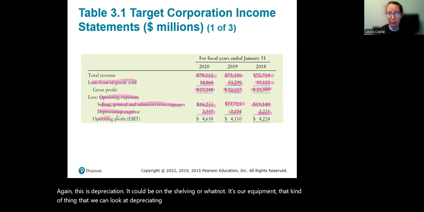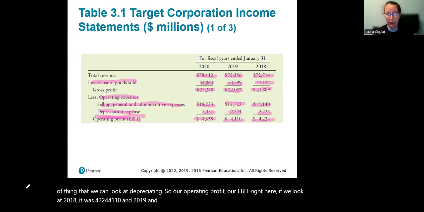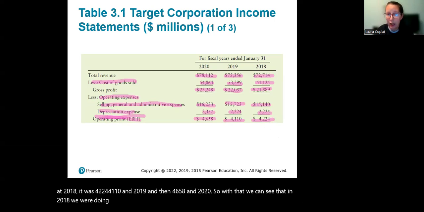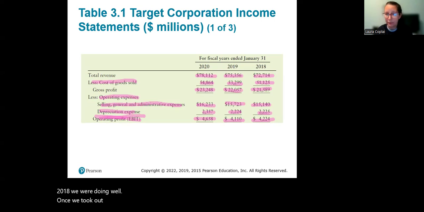So our operating profit, our EBIT right here, if we look at 2018, it was 42,24, $45.10 in 2019, and then $46.58 in 2020. So with that, we can see that in 2018, we were doing well, once we took out those operating expenses. In 2019, we did go down a little bit.